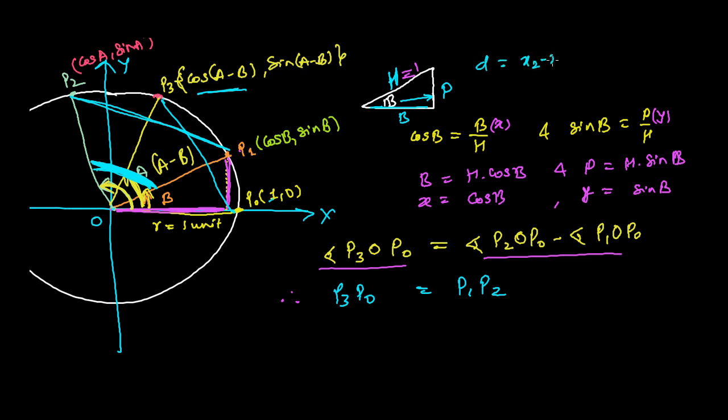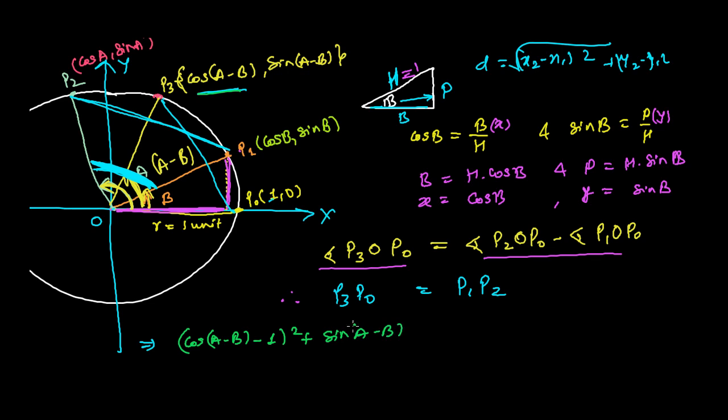Here x2 is cosine of a minus b, so x2 minus x1 is cos(a minus b) minus 1, whole square, plus y2 minus y1, that is sine(a minus b) minus 0, whole square. This is now equal to P1 P2.